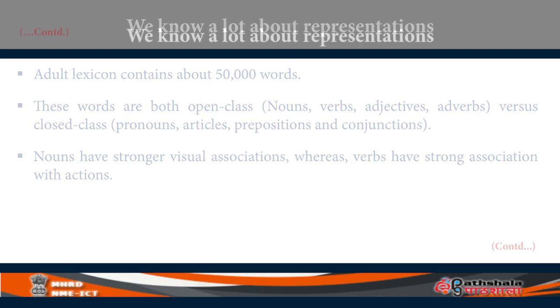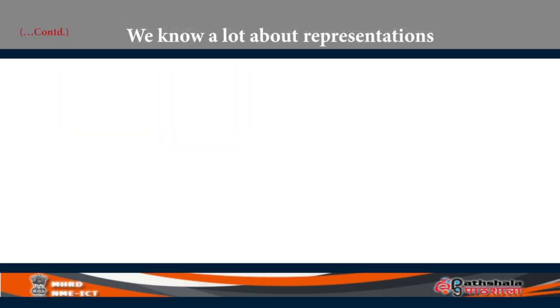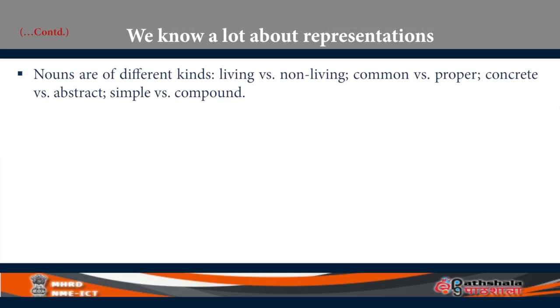We also know that nouns are of different kinds. Some nouns represent living things. Some represent non-living artifacts. Some are common nouns, some are proper nouns, some are concrete nouns, some are abstract nouns, some are simple nouns, some are compound nouns. You have learnt all this in linguistics.